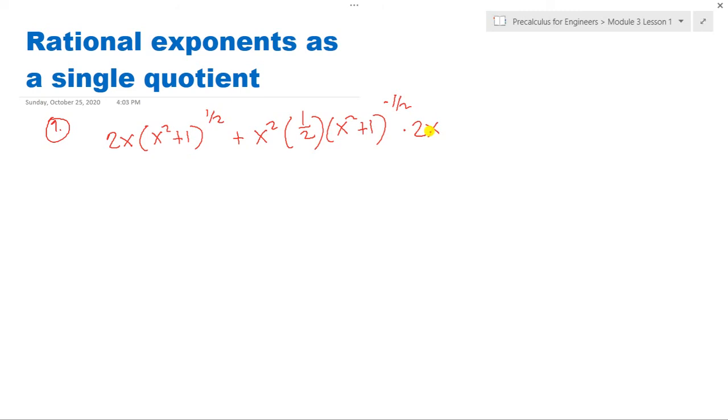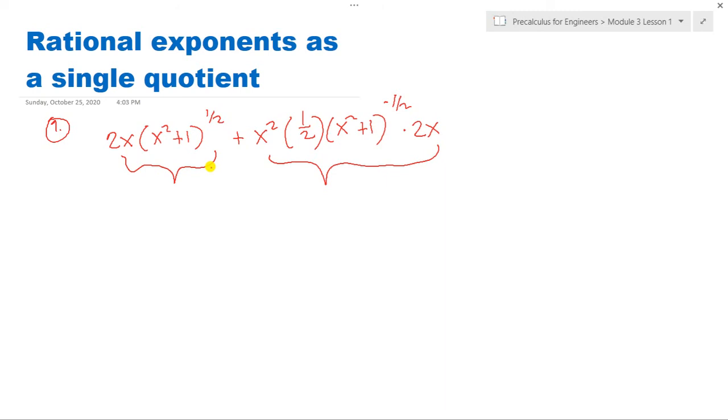So factor out their common. So what is their common? We have 2x here because, right, in the first term, this is our first term. So when you convert an algebraic expression that contains rational exponents into a single quotient, it is preferred that you factor it first in this form.